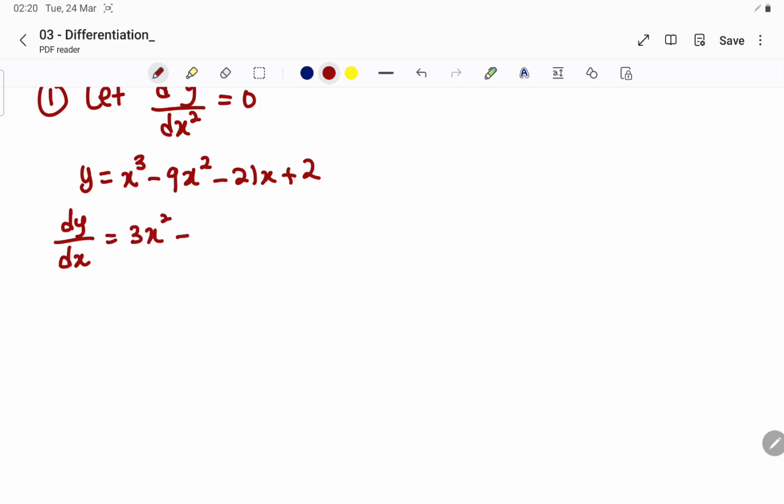For 9x squared, you bring 2 in front, become 18x. For negative 21x, if we differentiate, it becomes negative 21. For 2, we differentiate, it becomes 0. Now we differentiate one time already. Differentiate the second time.